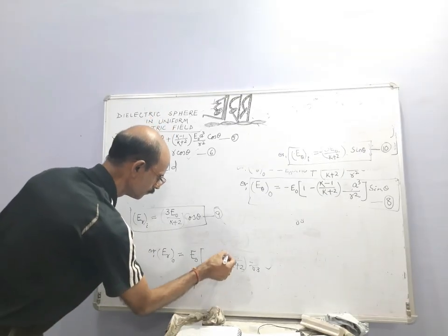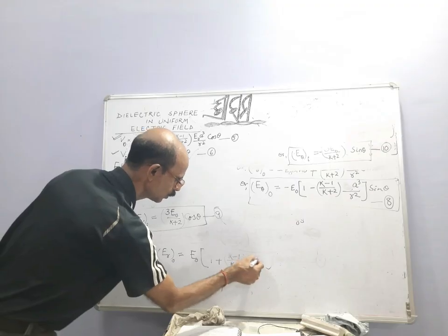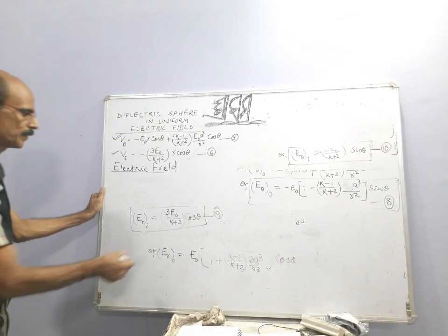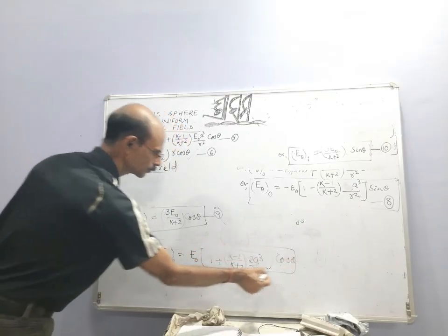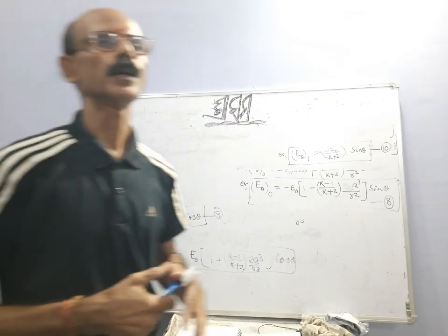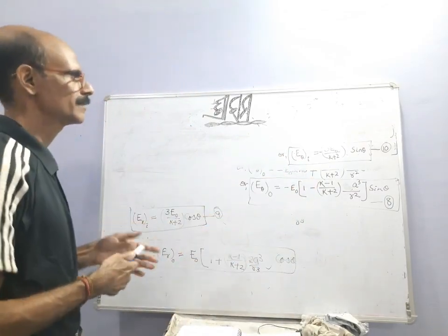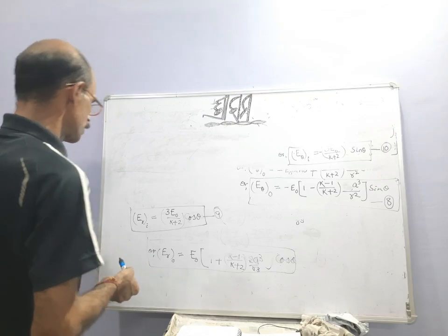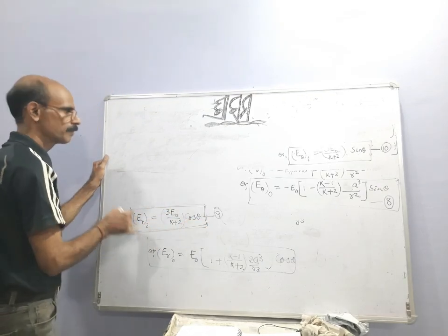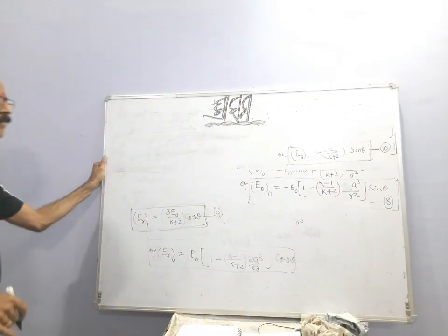It was k minus 1 by k plus 2 a cube by r cube cos theta. Field inside the sphere, we have a little bit more discussion, more analysis. You see, ER inside is this much and E theta inside is this much.